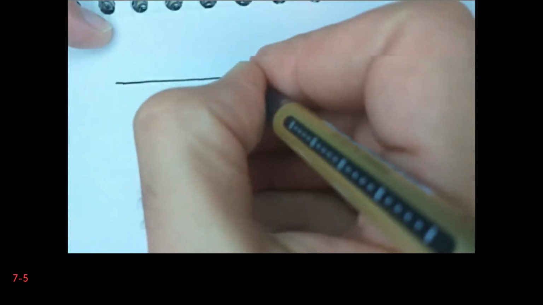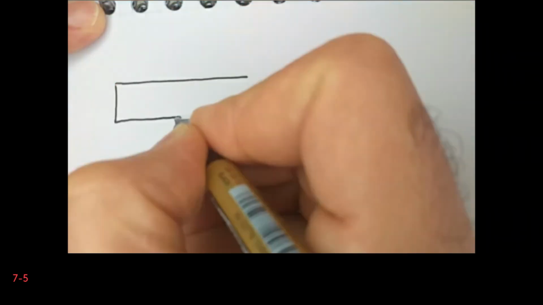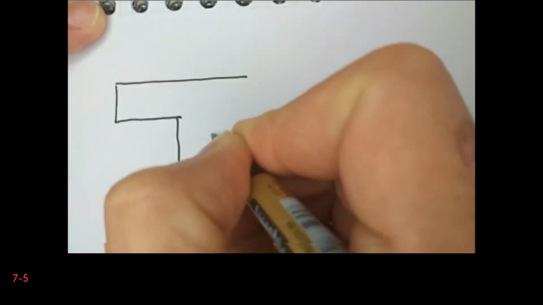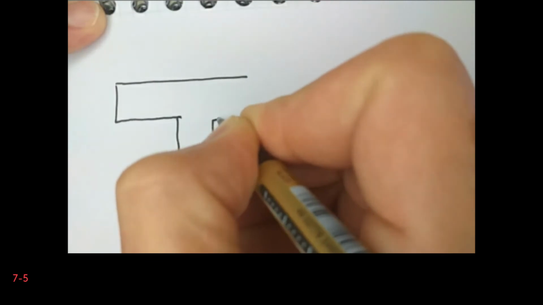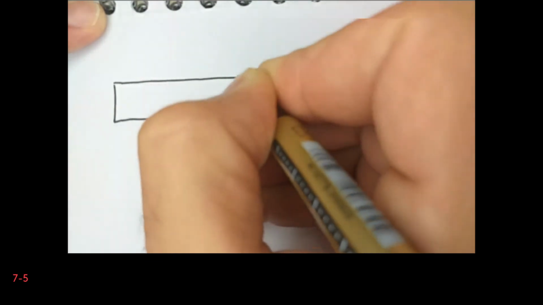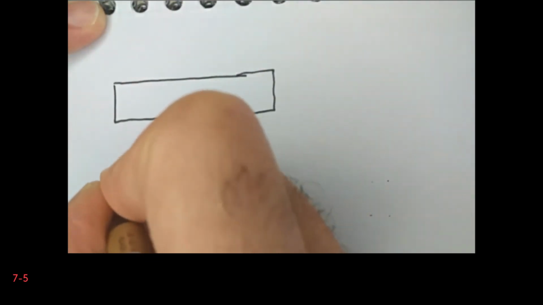In order to make it clear, let me draw the cross section again. So this is our reference point. Our neutral axis is here.